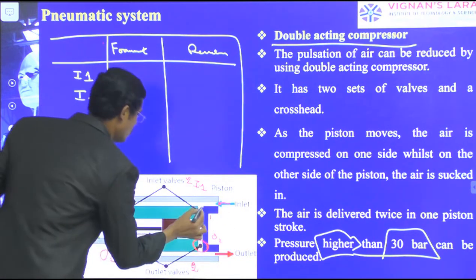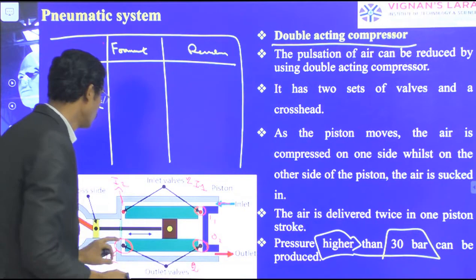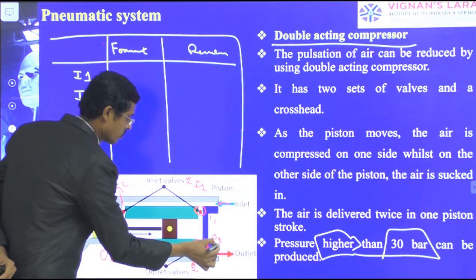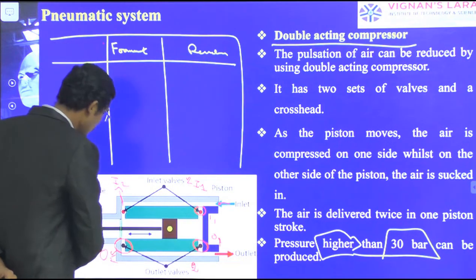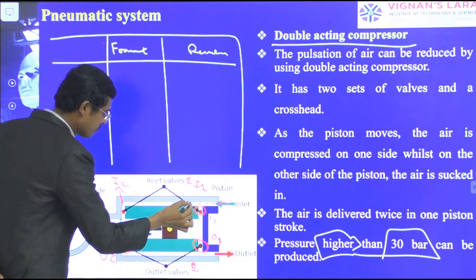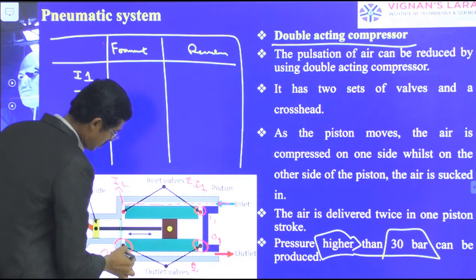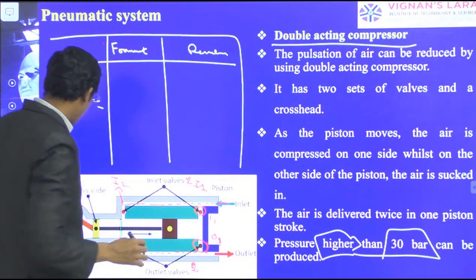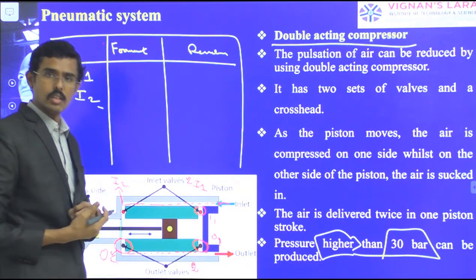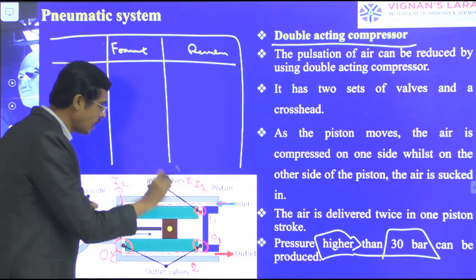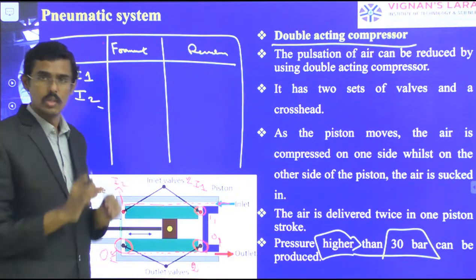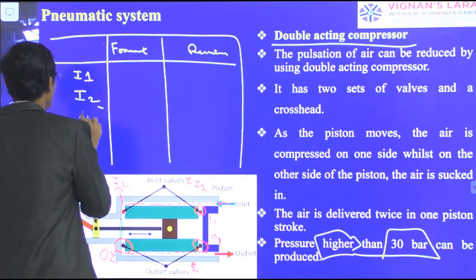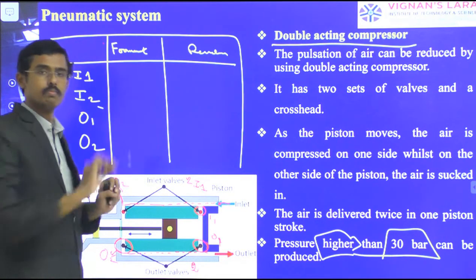Input 1, input 2, output 1, output 2. So this is output 1. What happens when the air is ready to come here? It is flowing here, and the outlet is going to happen here. At one stroke, one inlet and one outlet are going to open and close. Let us consider the forward action.